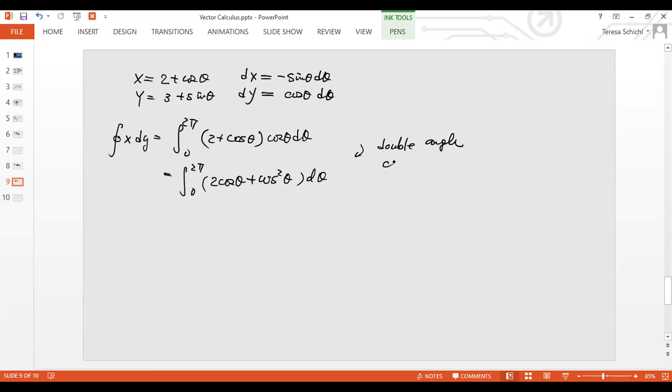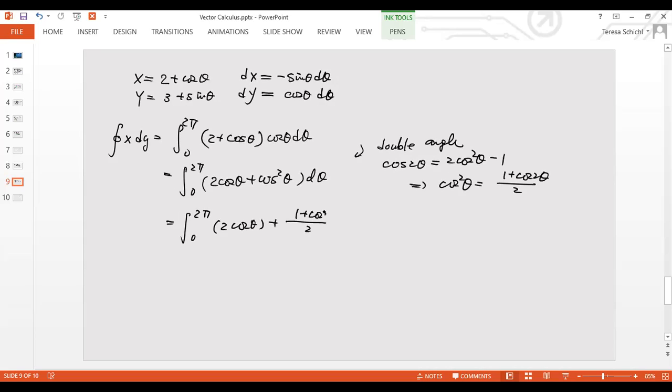So I know cosine 2 theta is equal to 2 cosine square theta minus 1. So cosine square theta is just 1 plus cosine 2 theta over 2, right? Now you just integrate, so this is 0 to 2 pi of 2 cosine theta plus (1 plus cosine 2 theta) over 2 d theta.